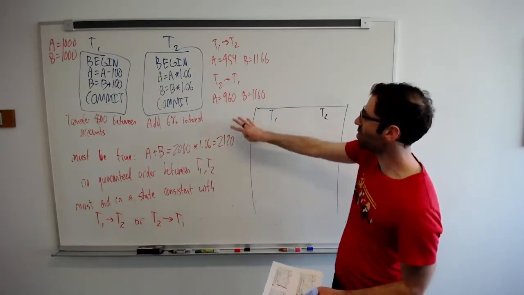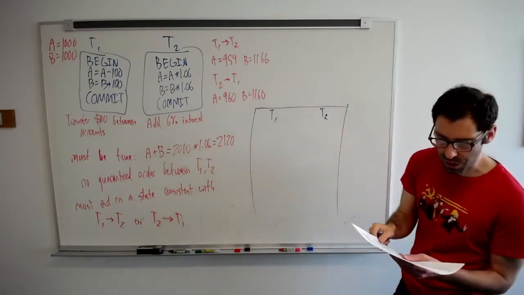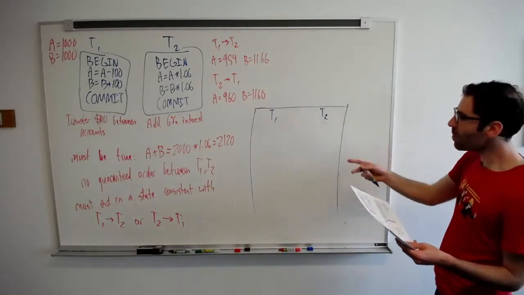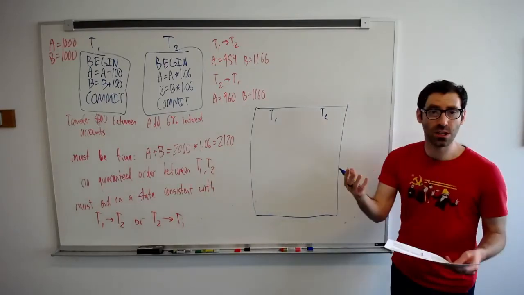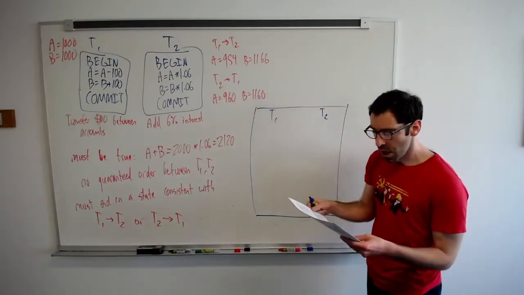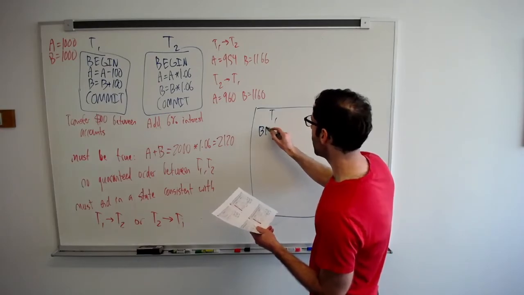And in either case, we're going to have our A plus B as 2120. But there are interleavings of these running simultaneously that are consistent with this picture.